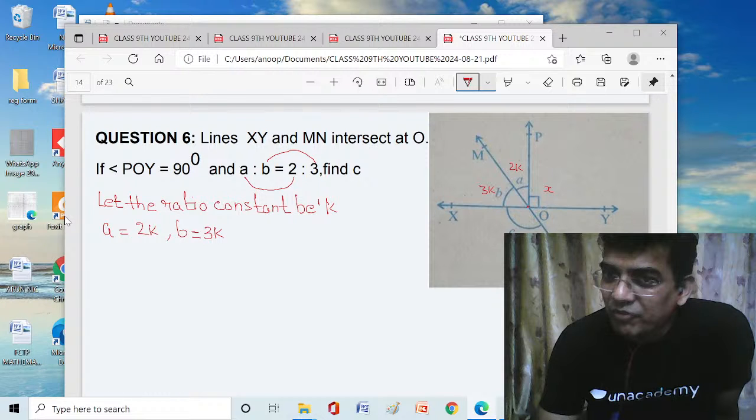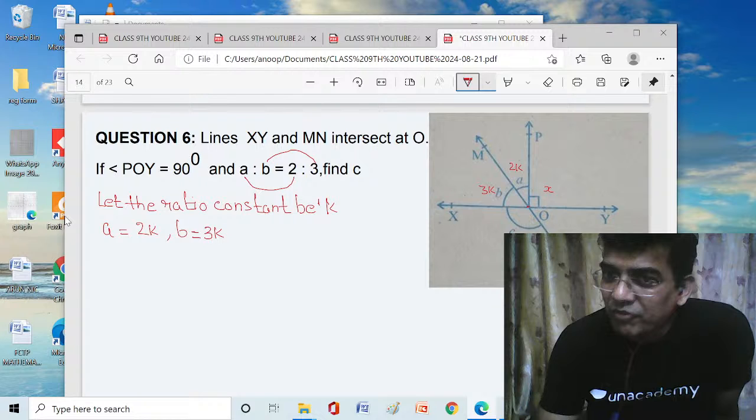So I've got the value for the ratio constant k. Now, getting the value for the ratio constant, I can say I have got A. How? See, A I have considered as 2k and the value for k I am getting as 18. So this makes it 36 degree. So A I have got 36.